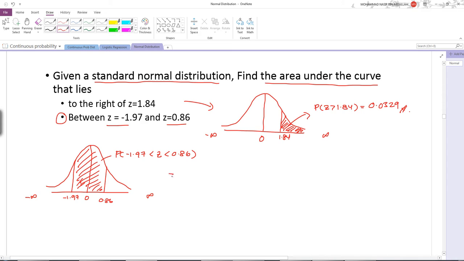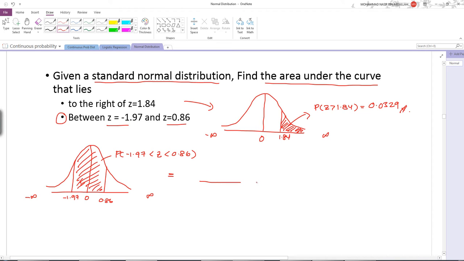So to find this using a statistical table, let us remember the characteristic of the normal distribution. It's a symmetrical distribution, meaning the area on the right hand side is equal to the area on the left hand side.